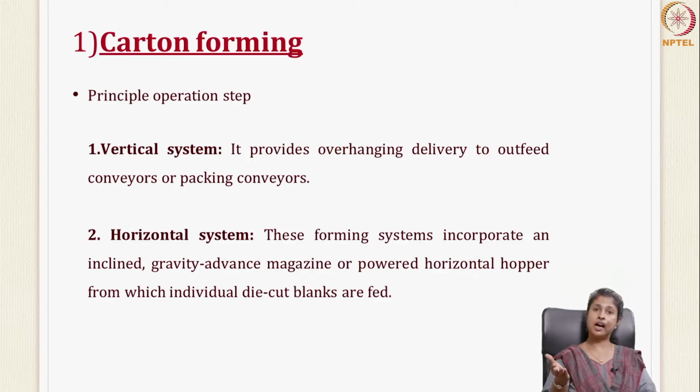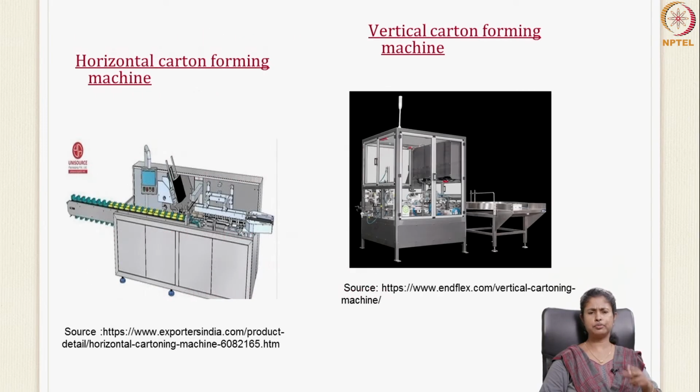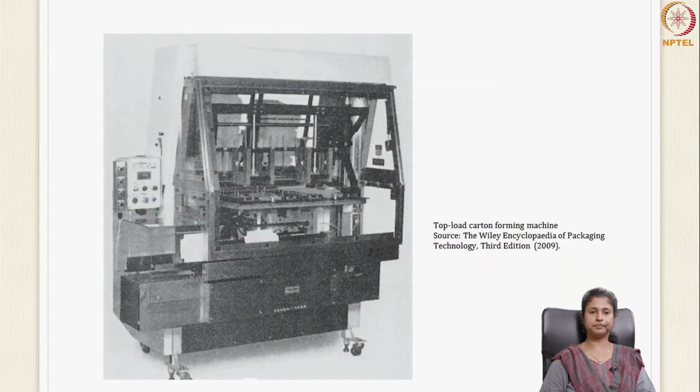That is, the carton webs are introduced in the system in a horizontal phase, and the solids are also introduced in a horizontal phase. So these are the two ways in which you can introduce the product into the cartons. This is a schematic diagram of a horizontal carton forming machine and a vertical carton forming machine. This is again taken from the Encyclopedia of Packaging Technology, 2009.